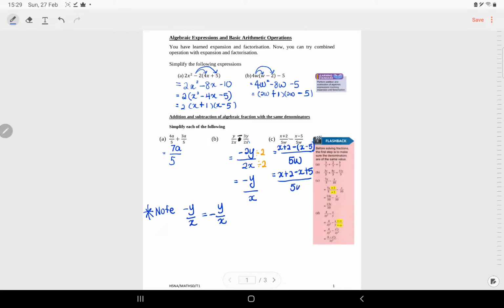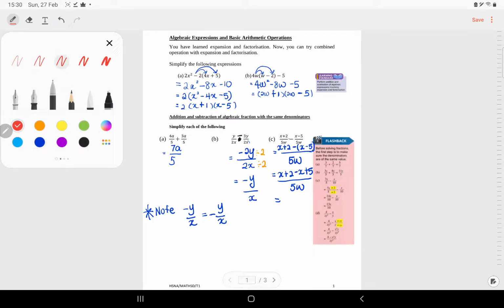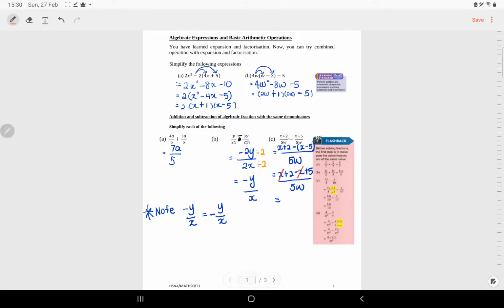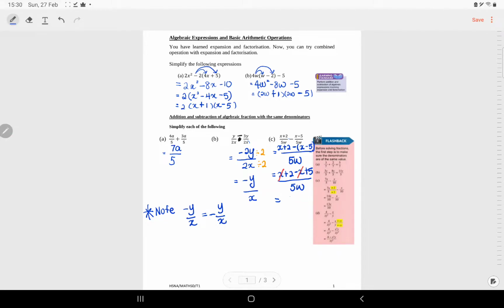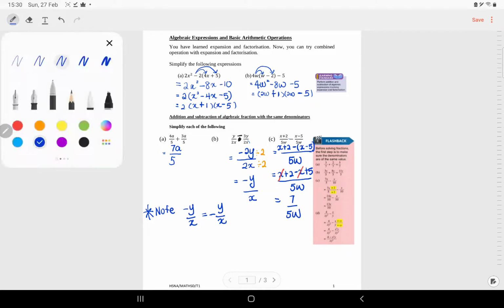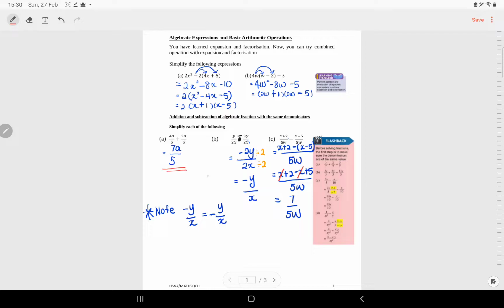The common denominator is 5w. So x and x cancel out. x minus x cancels out, leaving behind 2 plus 5, 7 over 5w. So these are our simplified answers.